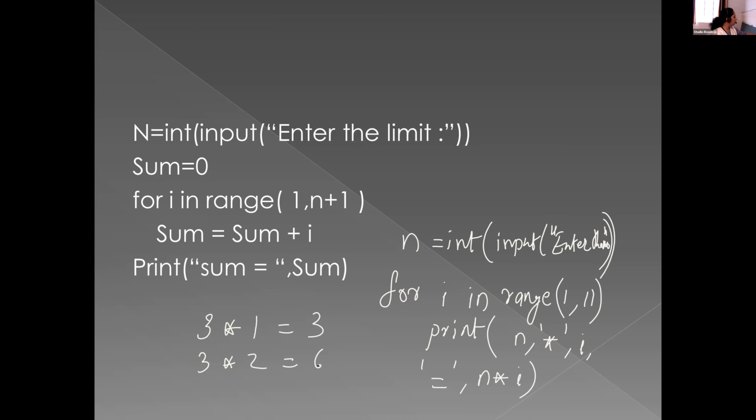Next we display the star, written within quotes. Then we display the values of I, 1, 2, 3 up to n, so we write I. Then an equal to symbol is needed, displayed within quotes. After that, for the result we write n star I. Is it clear?